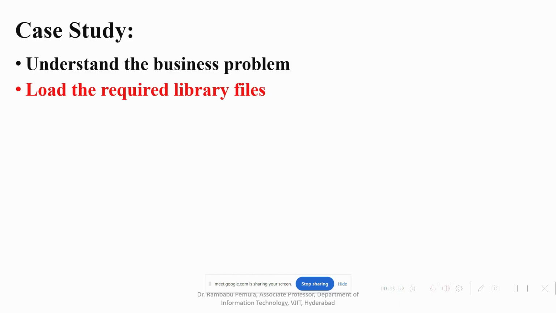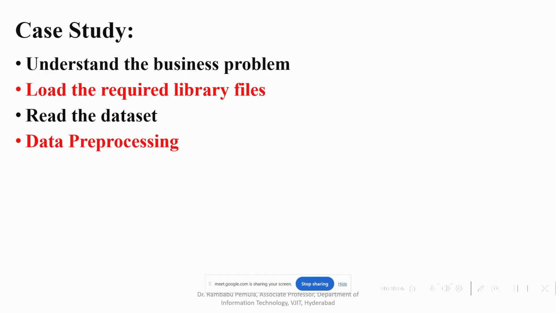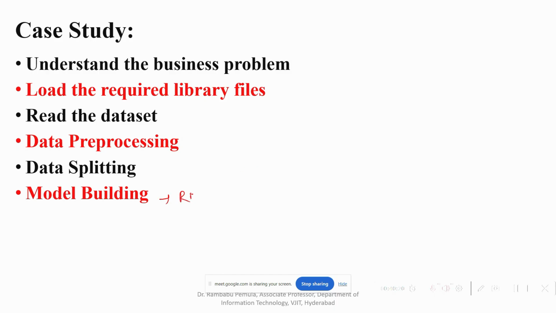Then, based on your requirements and problem statement, you import all the library files and read the data set, which here is in the form of text messages. Then we perform data preprocessing, data splitting for training and testing, and then build the model. Here the model is nothing but an RNN.